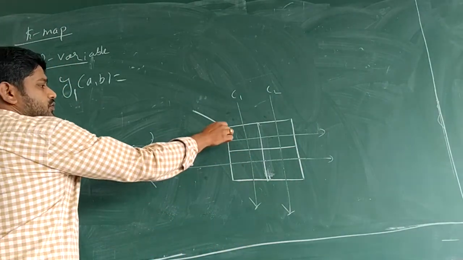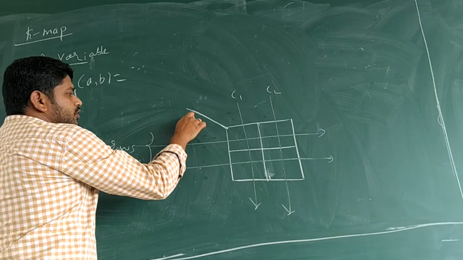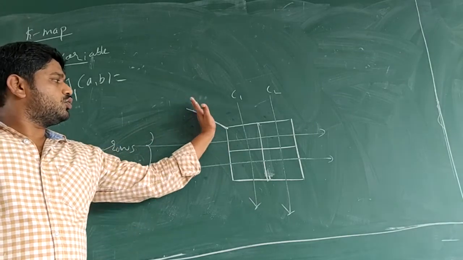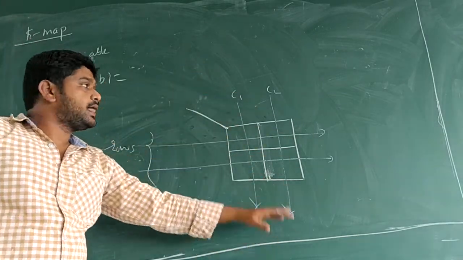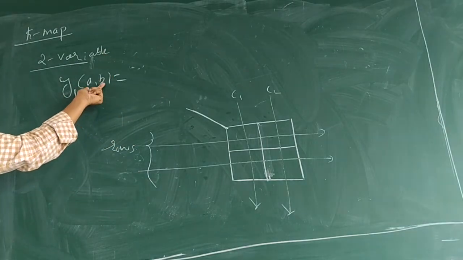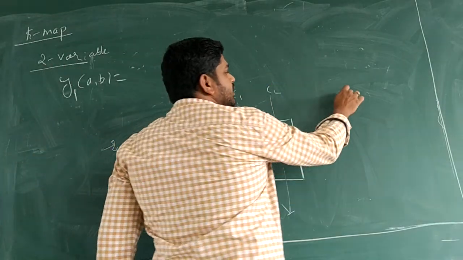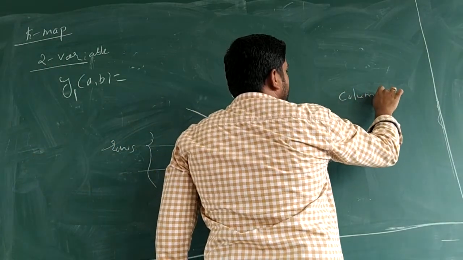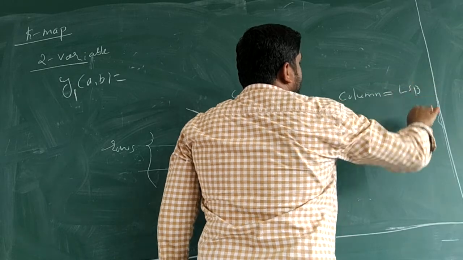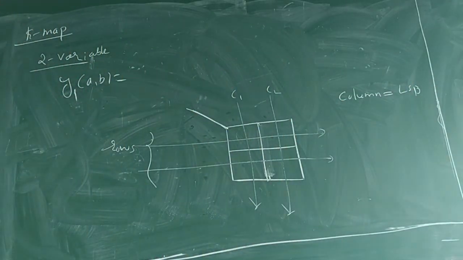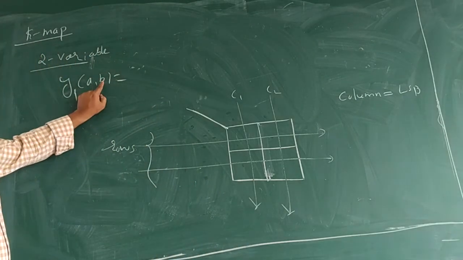Fine. Please concentrate. Now row wise and column wise. Map this order of variables column wise first. Remember, column wise LSB. Some of the authors will prefer column wise MSB also, but I prefer column wise LSB. Hence, what is the LSB variable here?